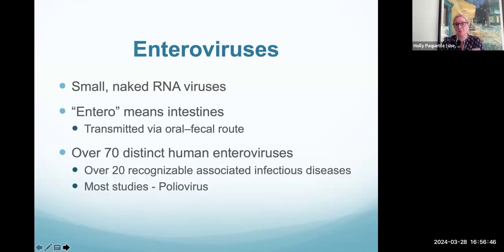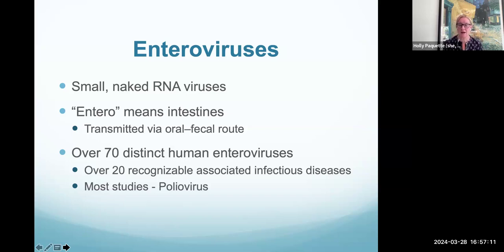Enteroviruses are a group of viruses that are small, naked RNA viruses. Remember, naked means that they don't have an envelope, and they are more difficult to get rid of than enveloped viruses. They are RNA viruses, which means that their genome is made up of RNA rather than DNA. Entero, the prefix, means intestines.